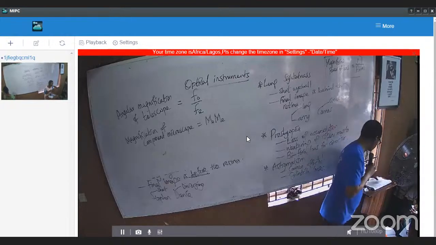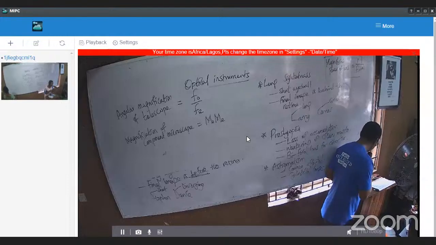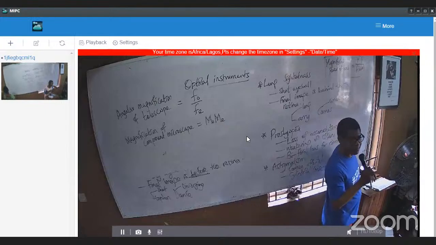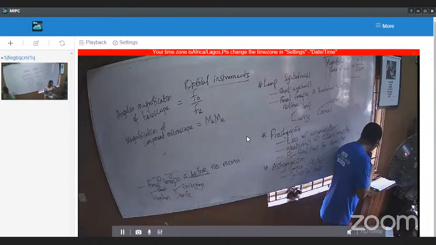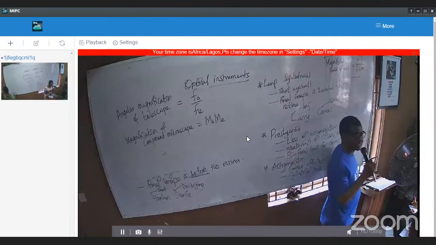Right, question 1. An astronomical telescope has objective and eyepiece lenses of focal length 3.5 centimeter and 5 centimeter respectively.